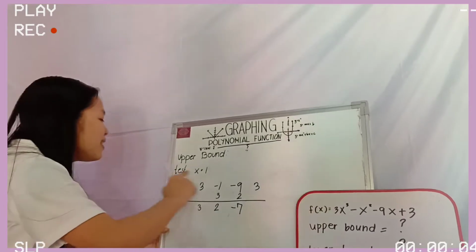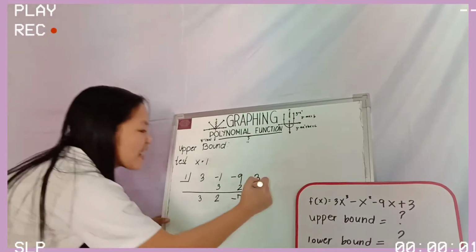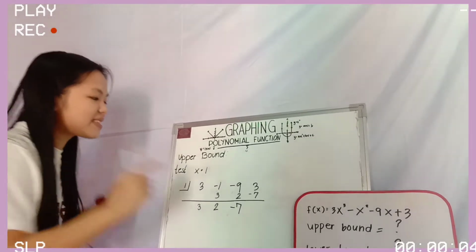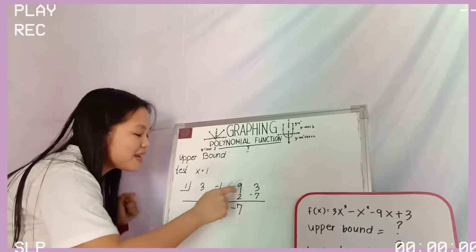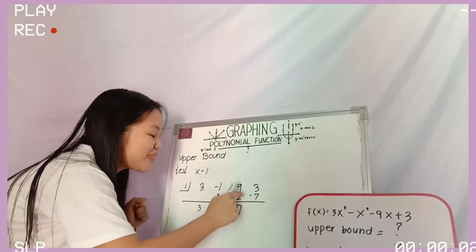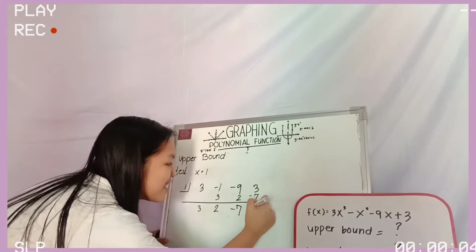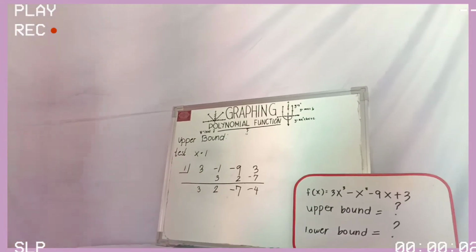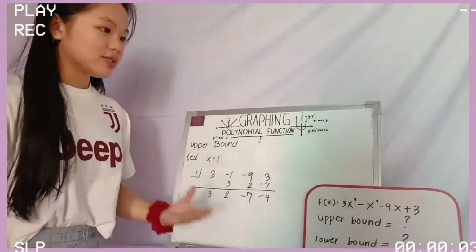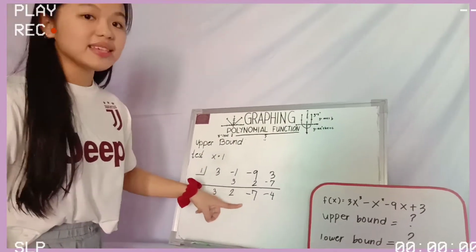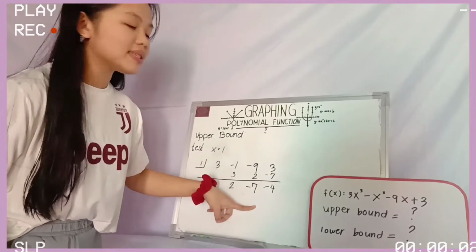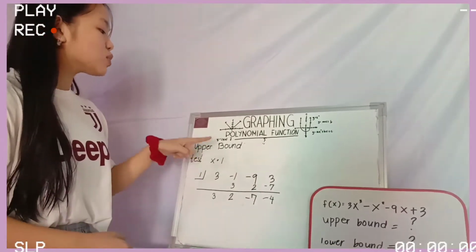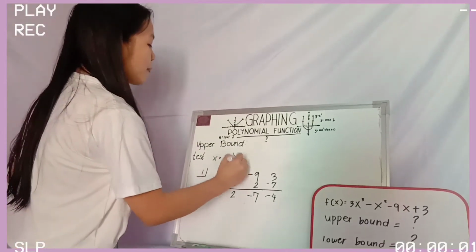Negative 7 times 1 is negative 7. 3 minus 7 is negative 4. As you can see in our answer, the third line is negative, so this is not an upper bound. So x equals 1 is not an upper bound.